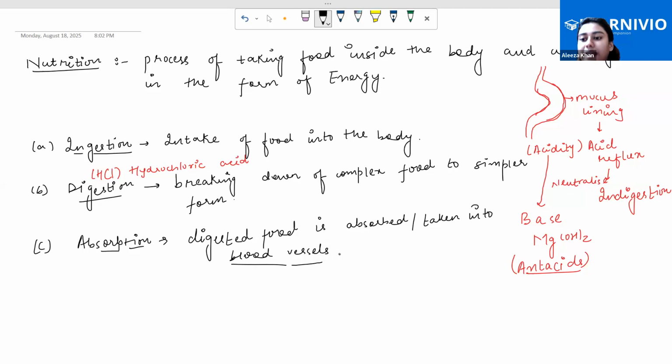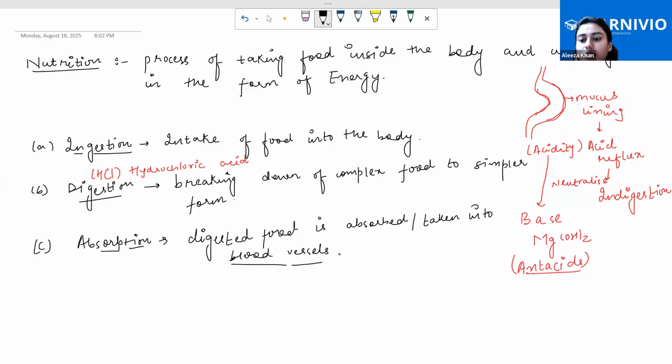Because your body will take everything through the blood only. Blood is the transport fluid, responsible for transporting all the nutrients and waste.